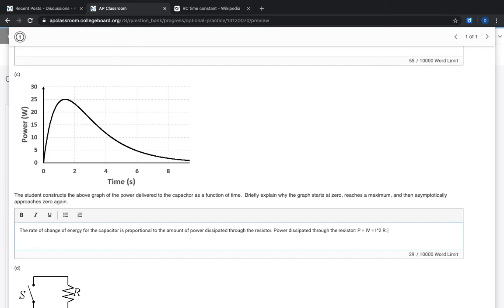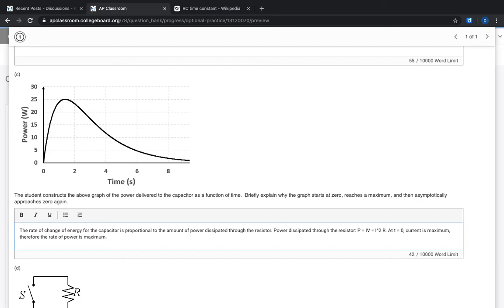So at t equals 0, current is maximum, therefore the rate of power is maximum, right? The power being dissipated through the resistor, the change of it is a maximum at that point, okay?